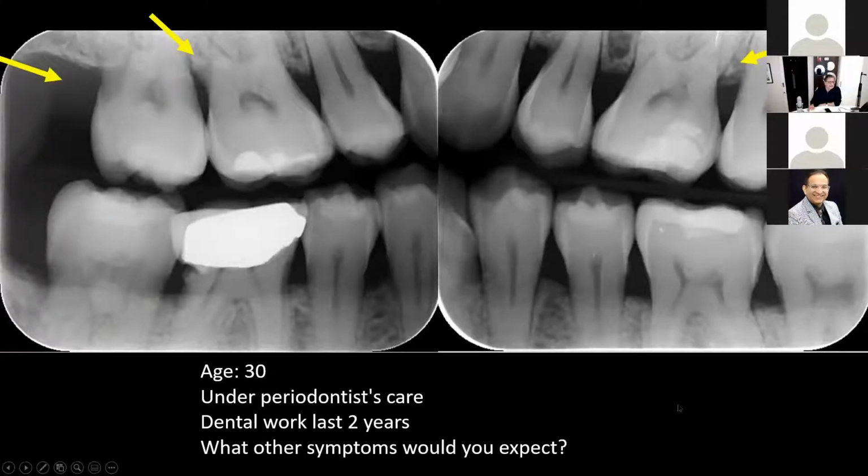You can see, for instance, the decay under the crown. What sort of symptoms would you expect this patient to present with, besides the dissatisfaction with those porcelain veneers? What other symptoms would you expect the patient to have?